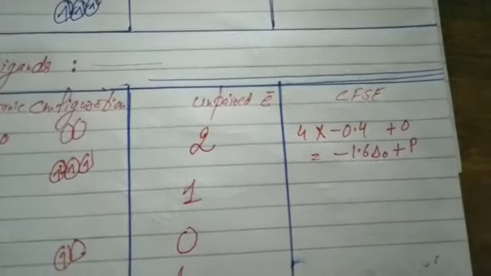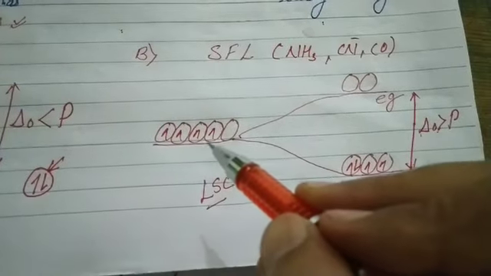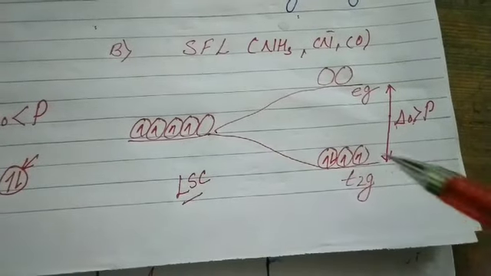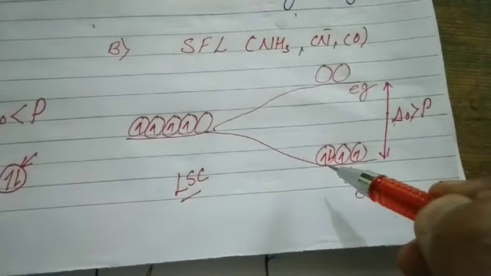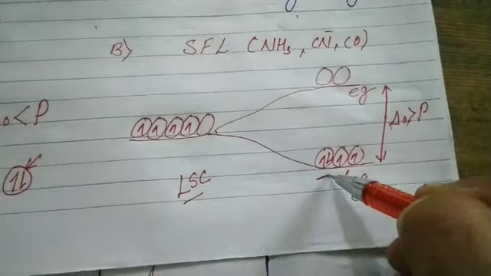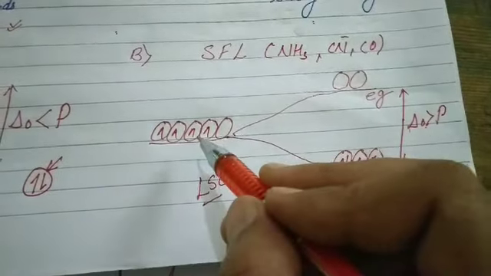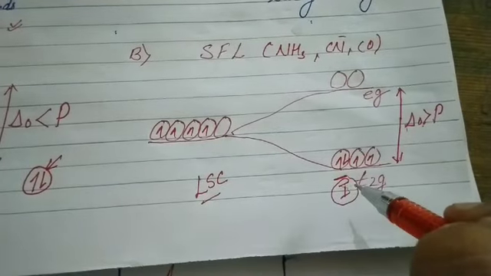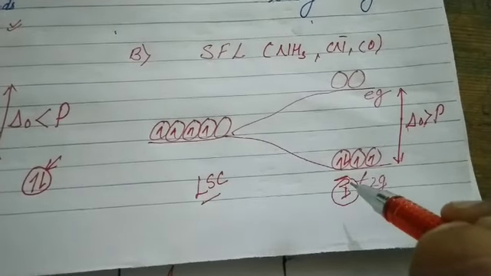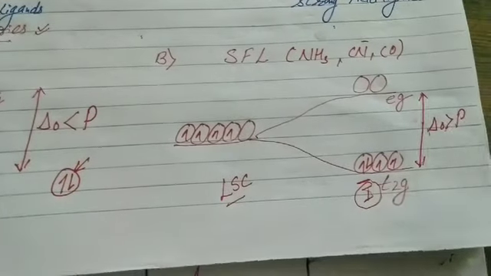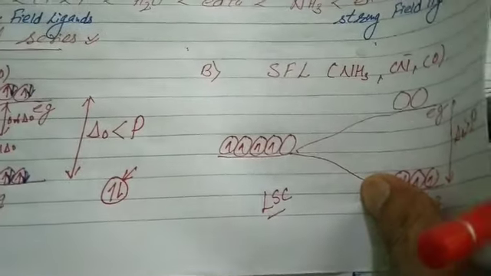Why we write P? d4, students, please look here. It's d4 configuration, strong field ligand 1, 2, 3, 4. In the presence of ligand, how many sets are paired? One set is paired. But in the absence of ligand, no set is paired. So we write plus P. Pairing energy is not added for weak field ligands. It will be added for strong field ligand, d4, d5 or d6. In the same way, students, d5.